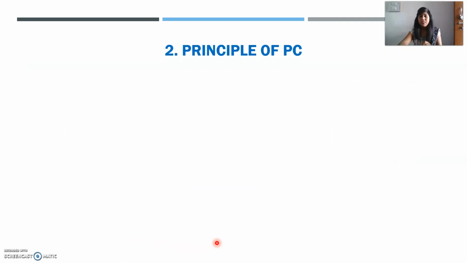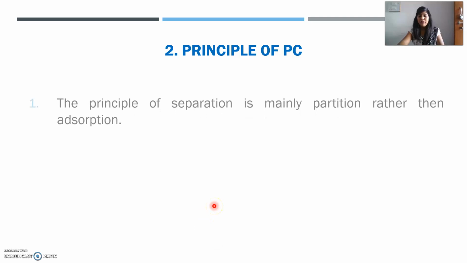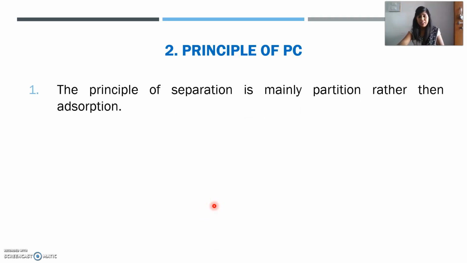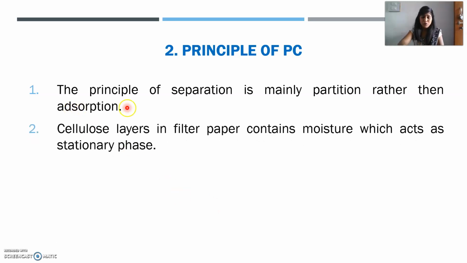Now the second point of our discussion is the principle of paper chromatography. Now see, when I have explained paper absorption and paper partition chromatography, paper chromatography is a technique which mainly comprises the partition principle rather than absorption. Means here the principle of separation in this chromatographic technique is mainly partition rather than absorption.